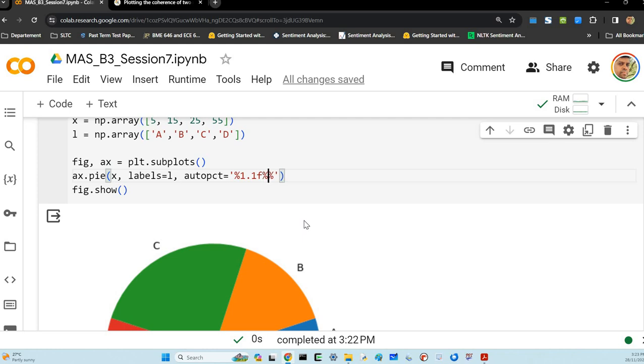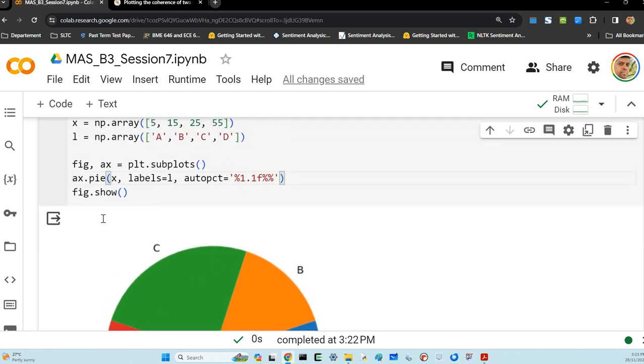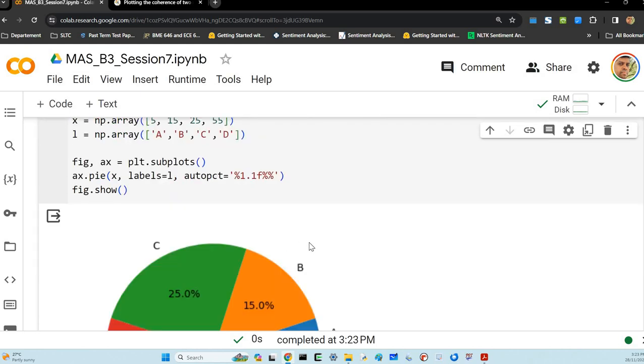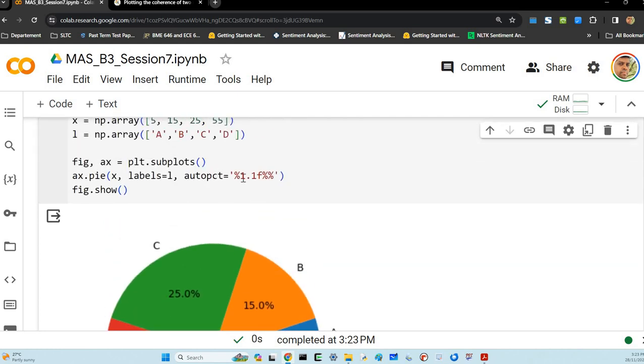And then another percent sign would display the value together inside the pie chart. Once you put it in this form and run it, you should see the percentage values inside. This formatting actually comes from the formatted strings that we discussed in input and output, under formatted outputs.